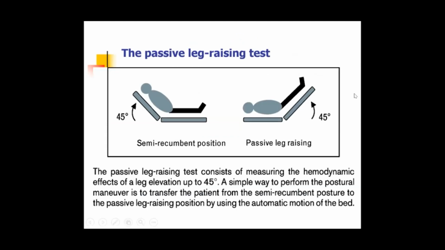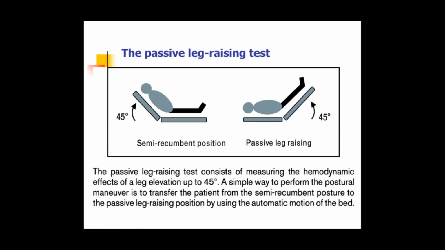So what about the passive leg raising test? Here you see in the picture, passive leg raising test consists of measuring the hemodynamic effects of a leg elevation up to 45 degrees. A simple way to perform the postural maneuver is to transfer the patient from semi-recumbent posture to the passive leg raising position by using the automatic motion of the bed, right?